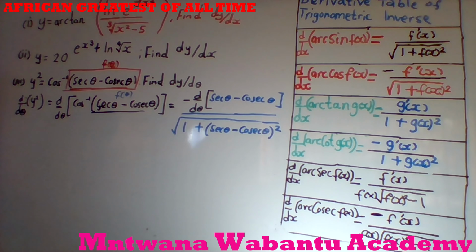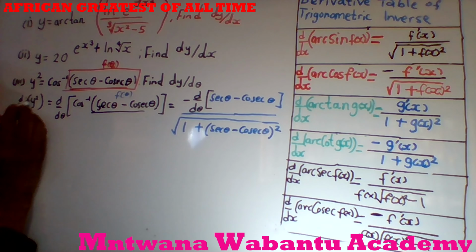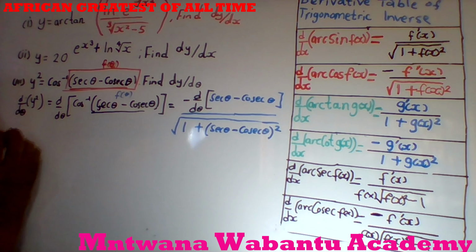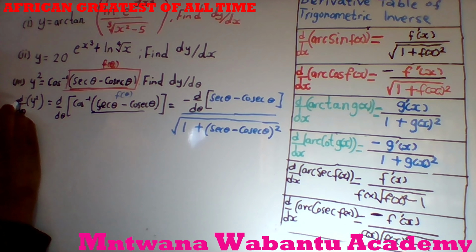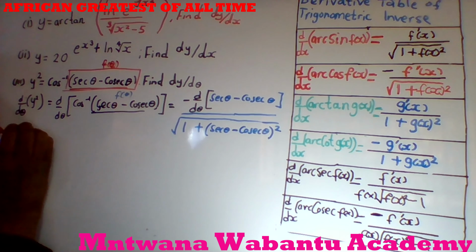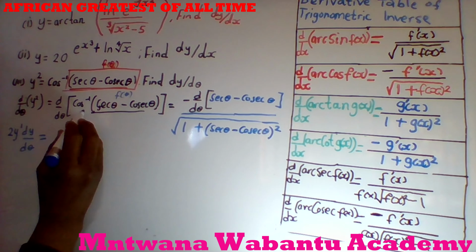So the question is set up. When you differentiate y squared, the 2 comes to the front and you're left with y to the power 2 minus 1, which is y to the power 1. What did we differentiate? y, so dy/d theta equals, now you come here, because this equals that one.